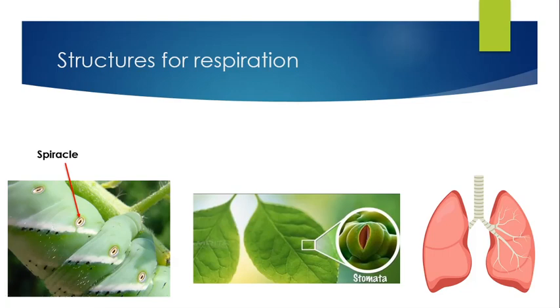Spiracles are opening structures that help the gas exchange. We also have gills in fish. The gills are for obtaining the dissolved oxygen from the water and also for gas exchange.